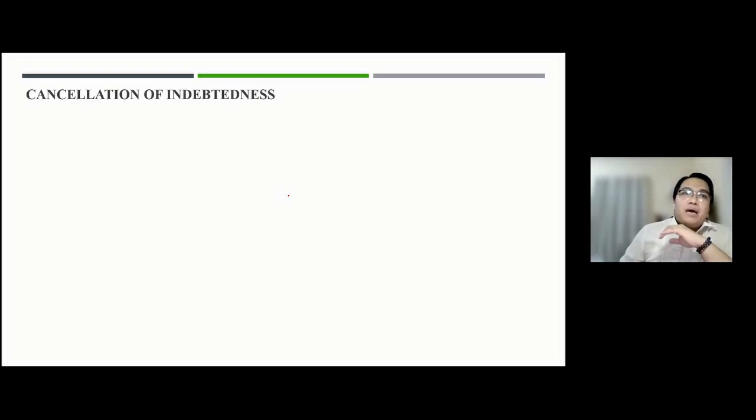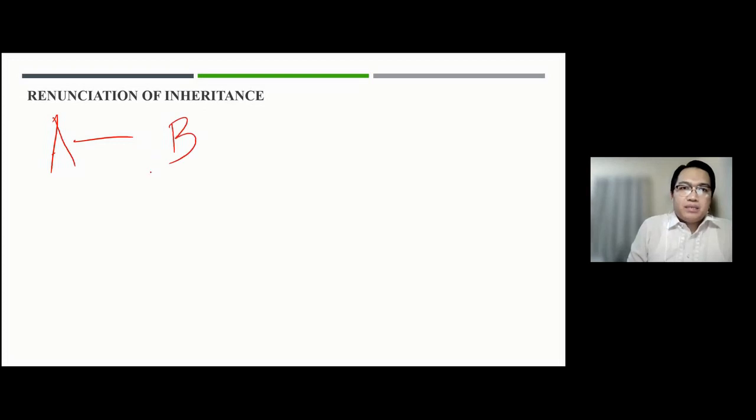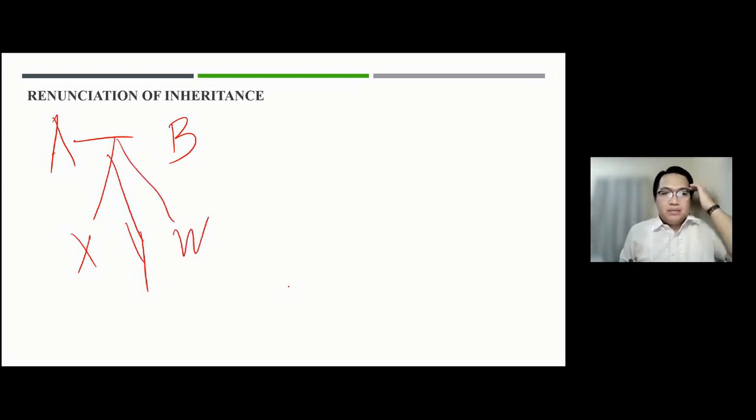Okay? What about this one? Renunciation of inheritance. Okay? So let's take a look at this example. Si A and si B, husband and wife, they have 3 children, si X, si Y, at si W. Hindi naman requirement na sunod-sunod dapat sila. Okay, so sinong namatay?